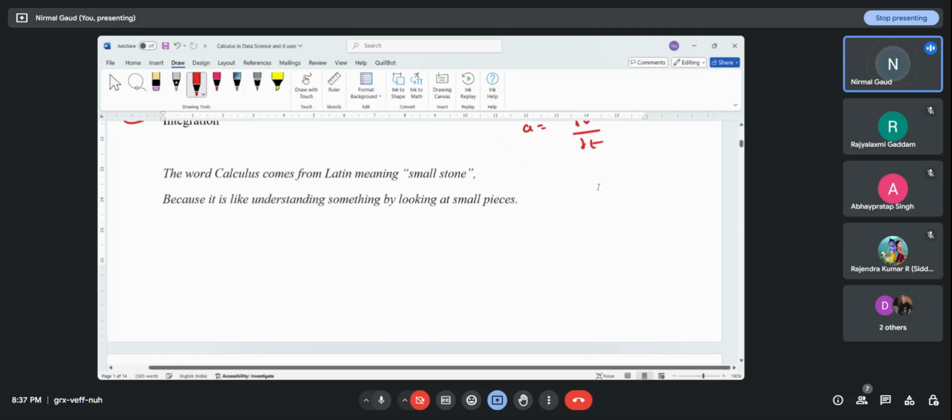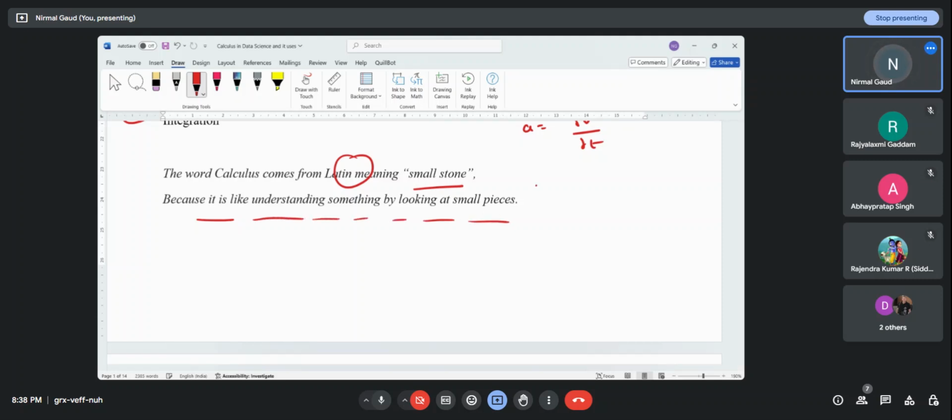And the word calculus came from a Latin word meaning small stone, because it is like understanding something by looking at small pieces. Okay, to differentiate is to divide, to integrate is to combine, but division is also of small pieces, and combination will also be of small pieces to make a big one. Both we are doing for small pieces. So calculus in Latin means small stone.